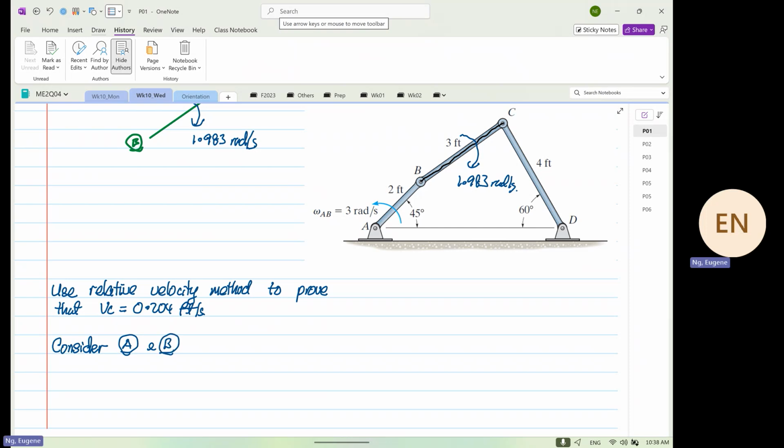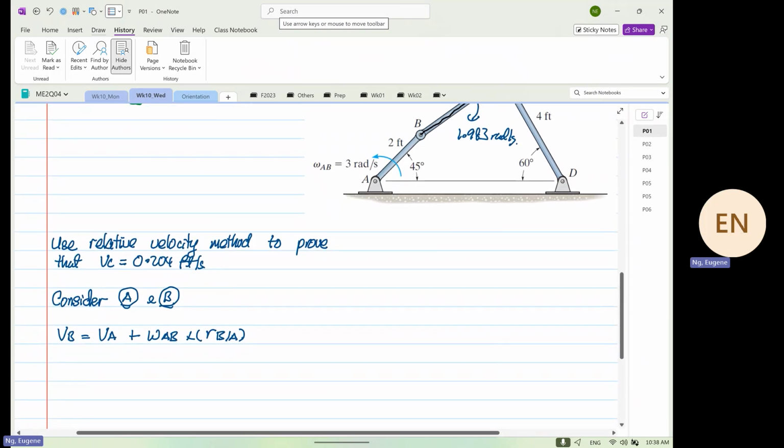We write Vb is equal to Va plus omega AB cross r relative to point A. We know that VA is equal to 0 because it's a spin, so we find what VB is equal to.